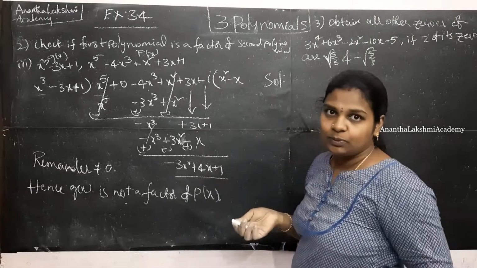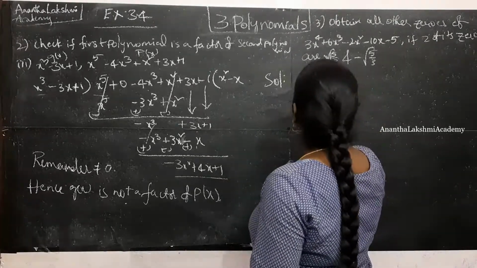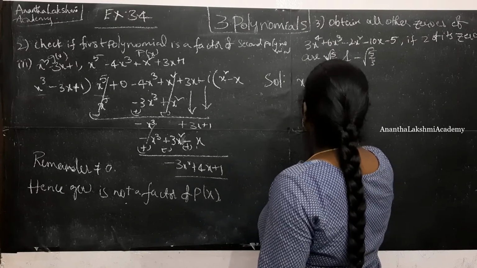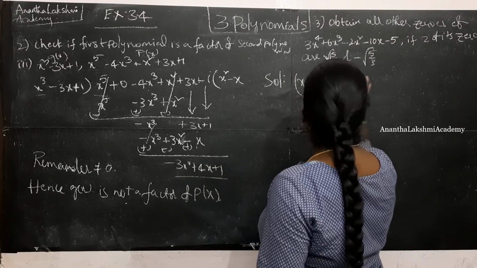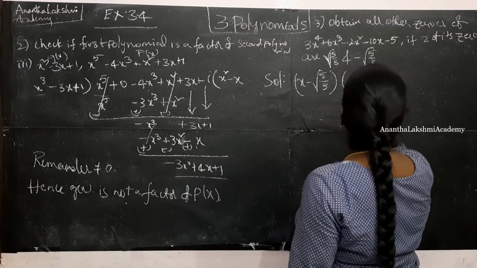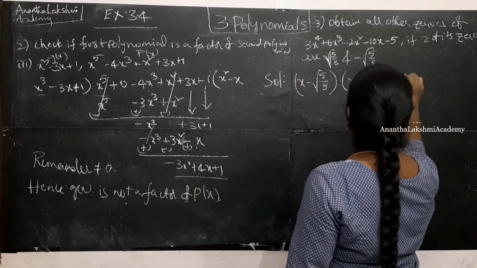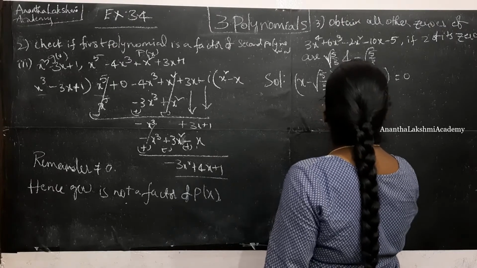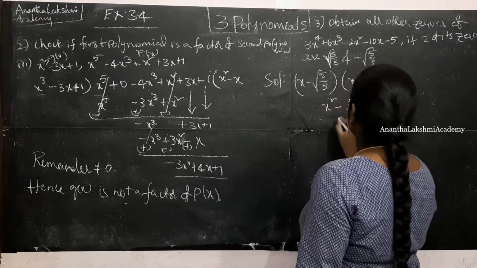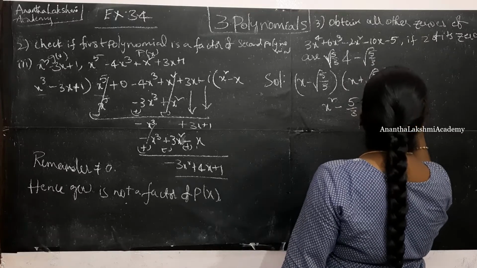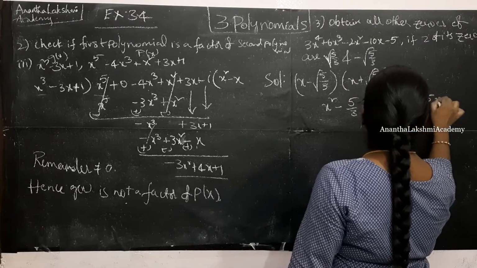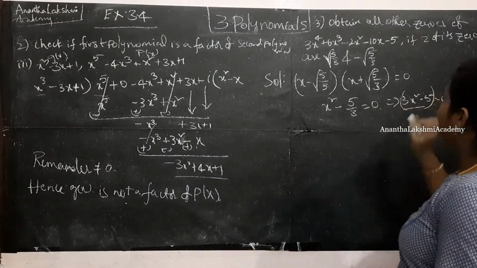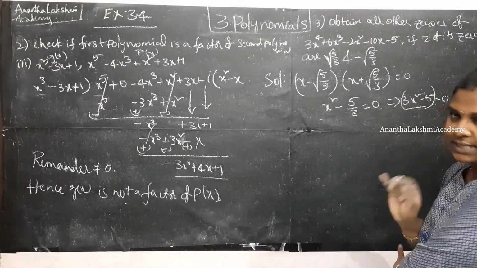So if I am to put it in terms of x, this is going to be x minus root 5 by 3, and this is going to be x plus root 5 by 3 is equal to 0, which is nothing but x square minus 5 by 3 is equal to 0, which is nothing but 3x square minus 5 is equal to 0. So this says that 3x square minus 5 is one of its factors.